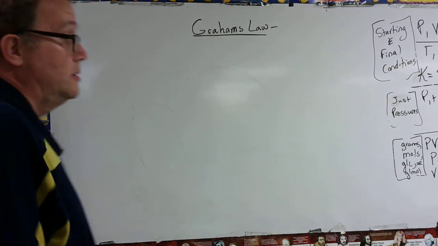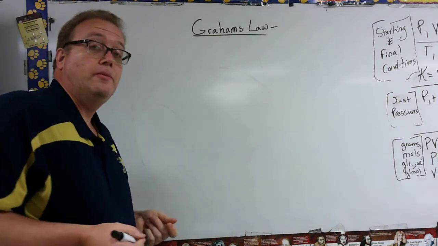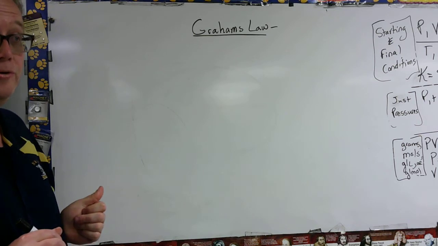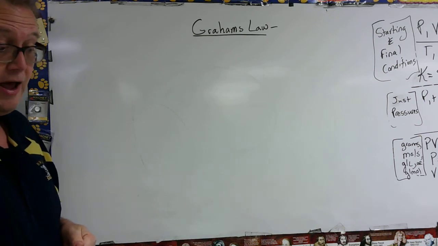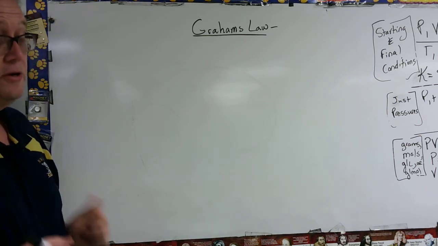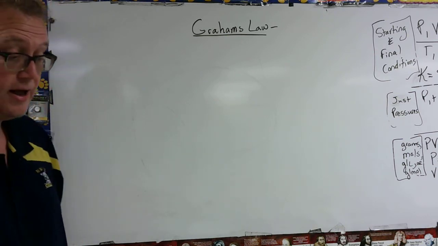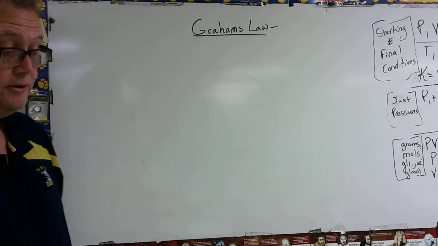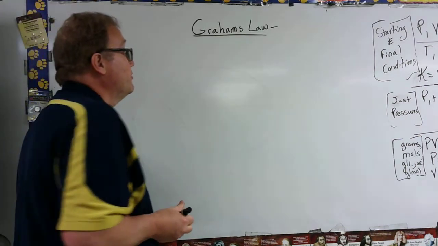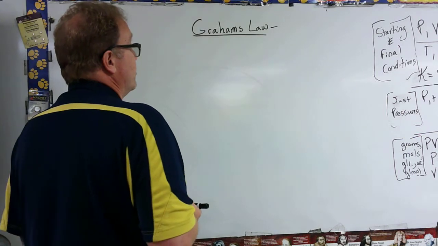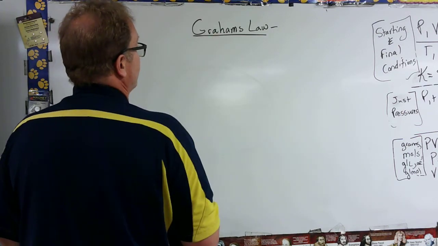So, I think you need to remember that lighter gases move faster than heavier gases. You can calculate how much faster or how much slower based on their masses. So let's do a comparison. We're trying to find out how many times faster, or the rate, for Graham's Law.